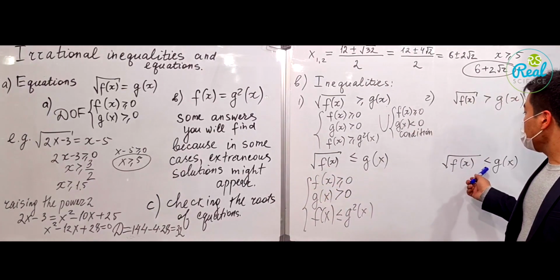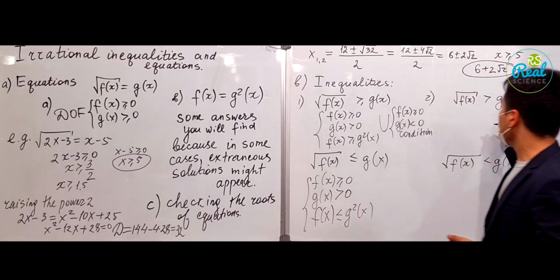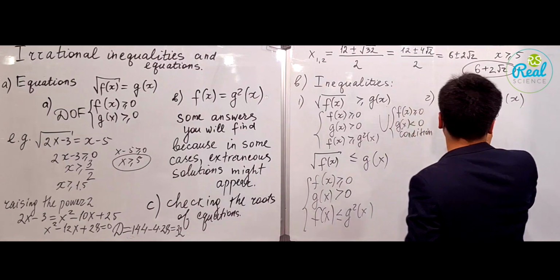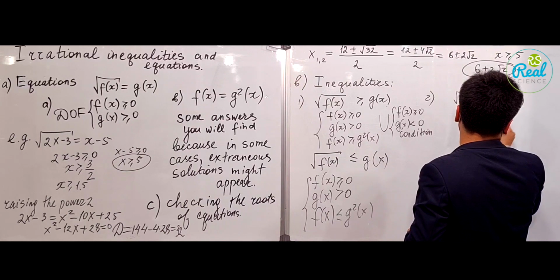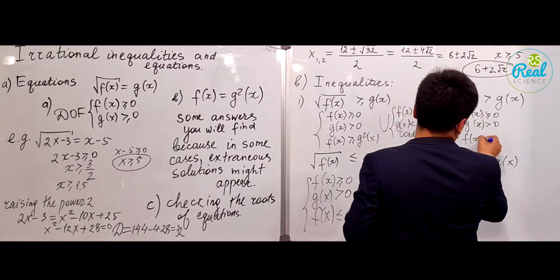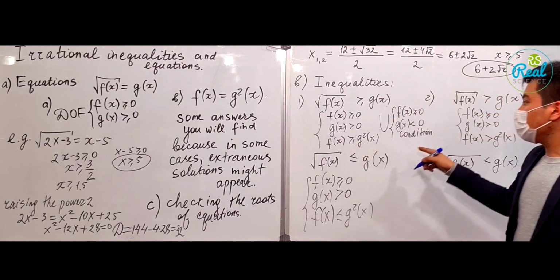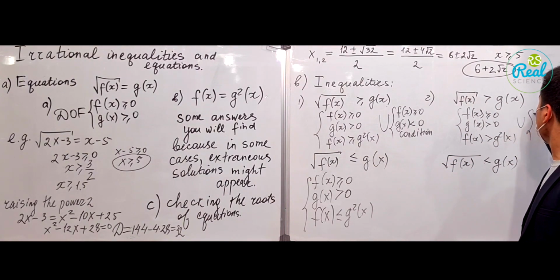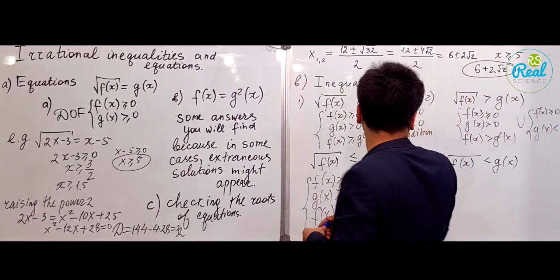So now this strict one. When we are solving this, f(x) must be greater than or equal again, and g(x) just greater than 0. f(x) greater than g squared x. There is just a difference between signs. But anyway, the solution is the same, yeah? If g(x) is negative, it's also a condition.